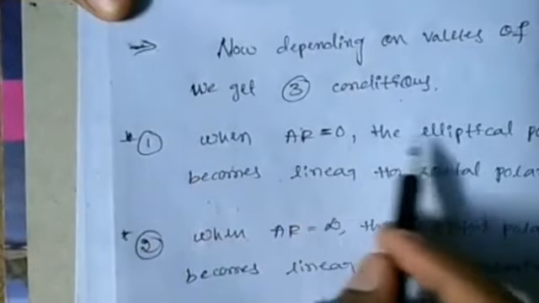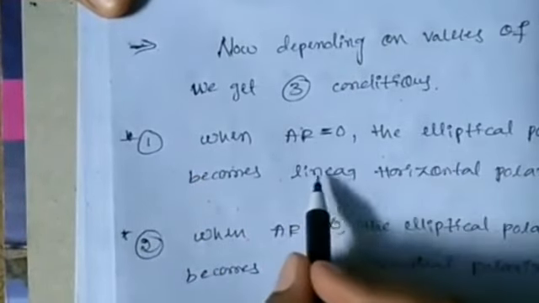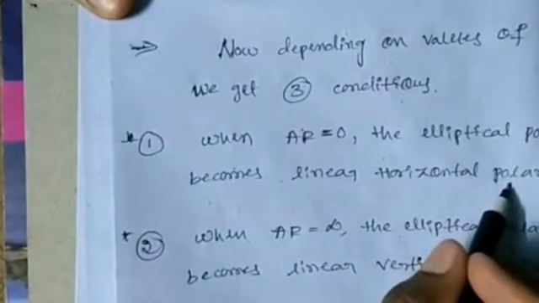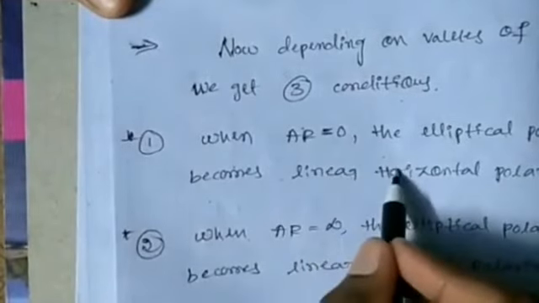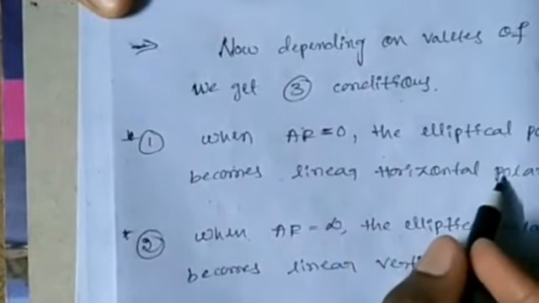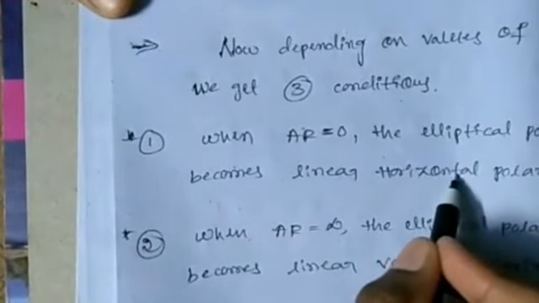Now here, depending on these axial ratio values, we have three conditions. When the axial ratio is 0, the elliptical polarization becomes linear horizontal polarization. Linear horizontal polarization is nothing but the electric field lies in the horizontal plane.